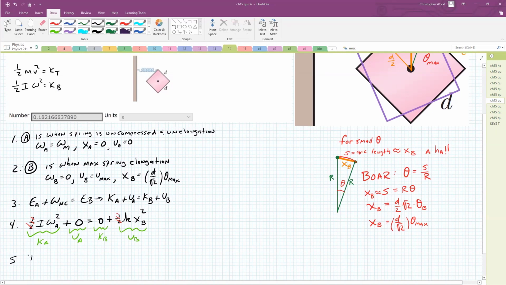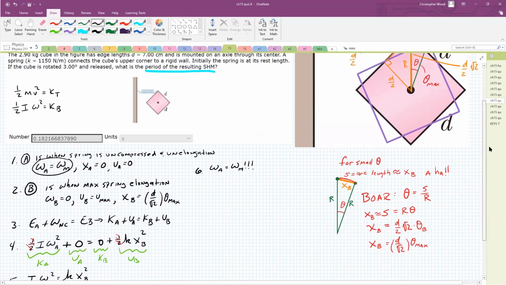So I have I omega A squared equals K times XB squared. Okay, let's go with this number 6. Let's look at omega A. Again, remember, omega A is the maximum angular velocity.